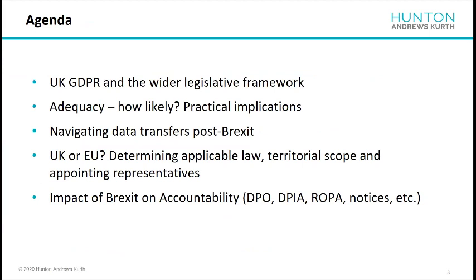Discussions about Brexit began long before then Prime Minister David Cameron decided in 2016 to hold an in-out referendum on Europe. On the 23rd of June 2016, the British people voted by a slim majority to leave the EU.